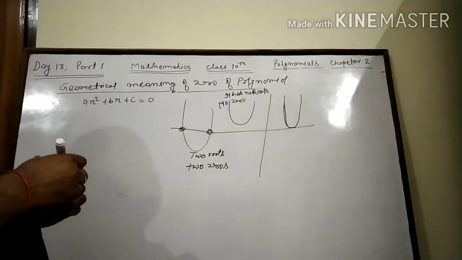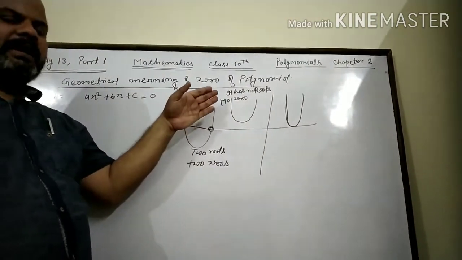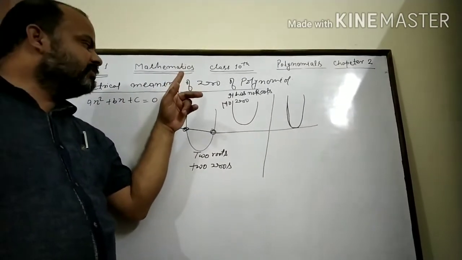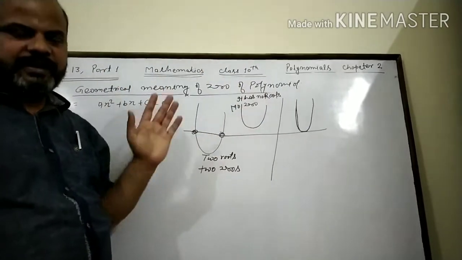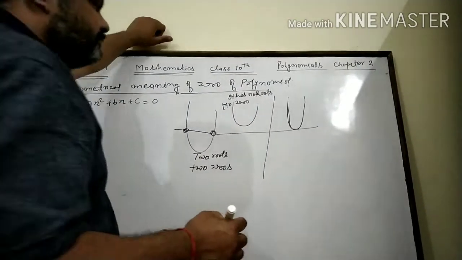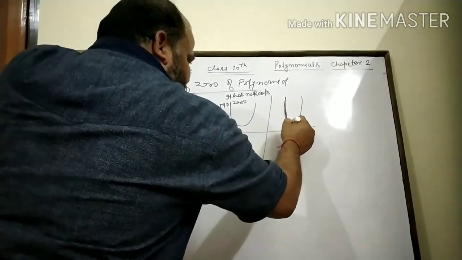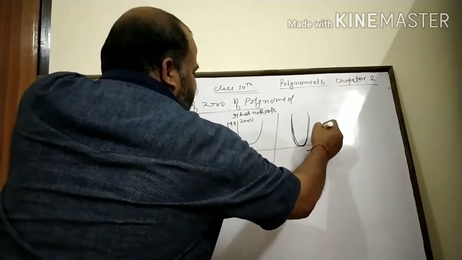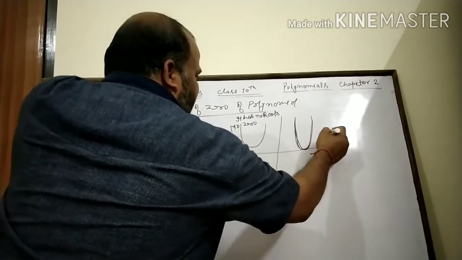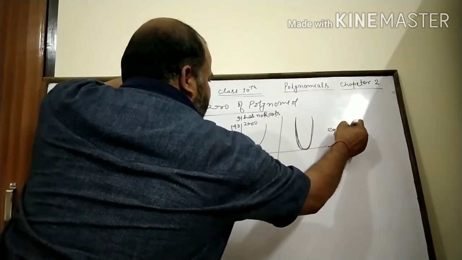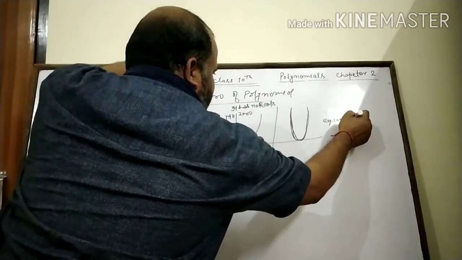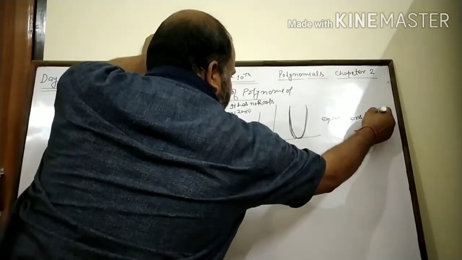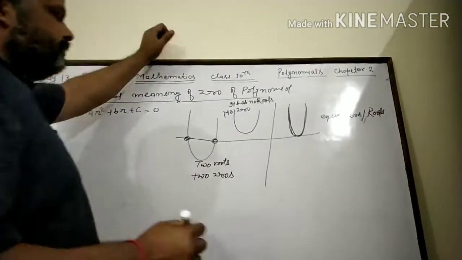Means in this case, if we have any polynomial like this and its graph does not intersect the x-axis, then we can't find the zeros of this polynomial. In the same way, if the graph of a polynomial intersects at a point, that means this quadratic equation has two roots, but both roots are equal. Clear?